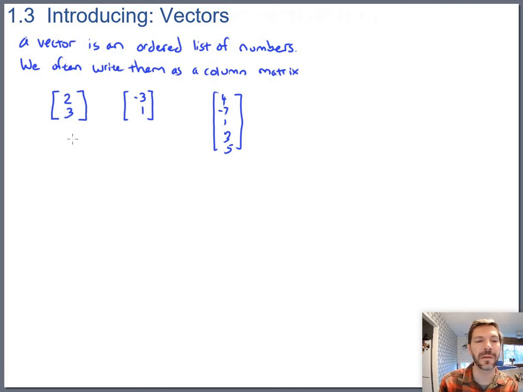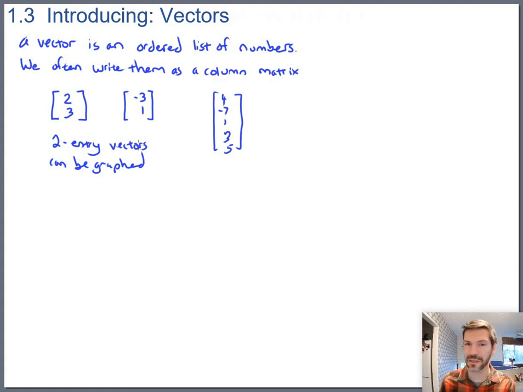So if they are two-dimensional, though, they can be graphed, just by looking at the first component as an x and the second component as a y. So let's take a look at graphing like 2, 3 and -3, 1 and maybe some combinations of them.